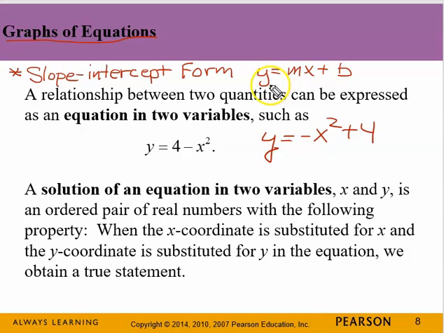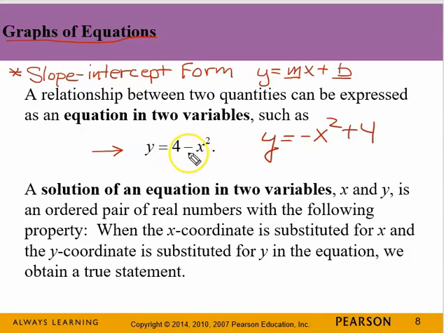You may recall that. y equals mx plus b, where m deals with the slope and b deals with what we'll call later the y-intercept, where the lines will cross the y-axis. Now, here is the general form that they're talking about.